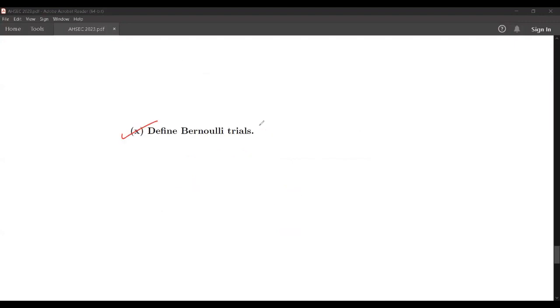What is Bernoulli trial? This is a definition from your probability chapter. So in Bernoulli trial, let me just write the definition. You can get it from your book also. It's very simple. It is an independent trial which has only 2 outcomes.